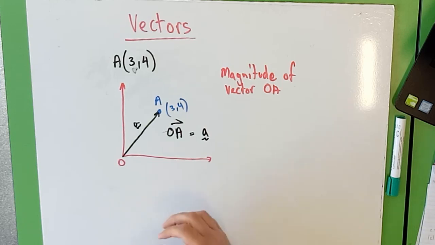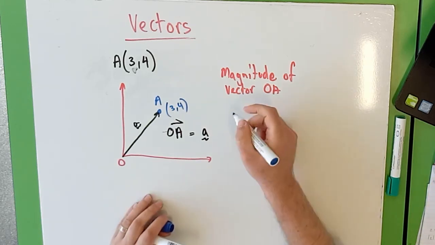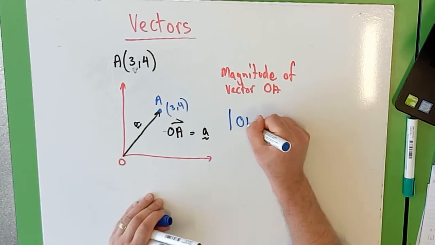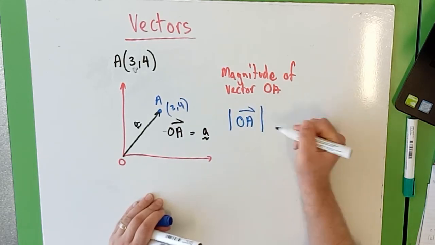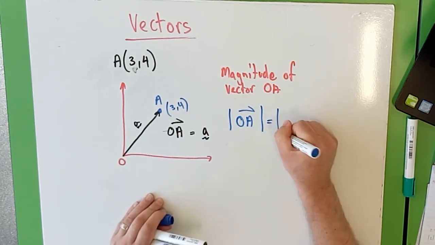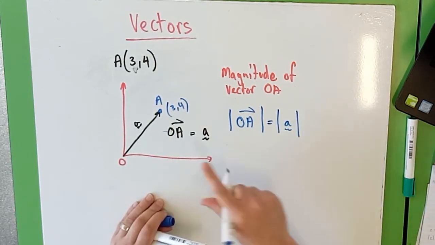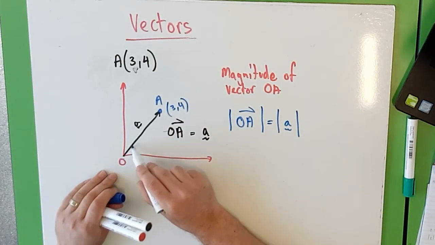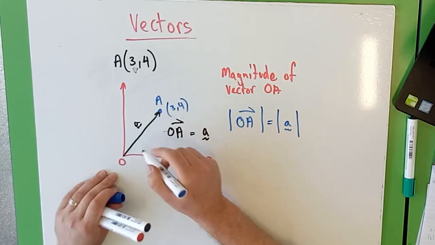Now to find the magnitude, the way that we write that is we put it in what's called absolute value signs. O to A, there's my vector. So the absolute value of OA is the same as the absolute value of a, because that's how I've defined it. The way you work that out is I want to know the length of the arrow.